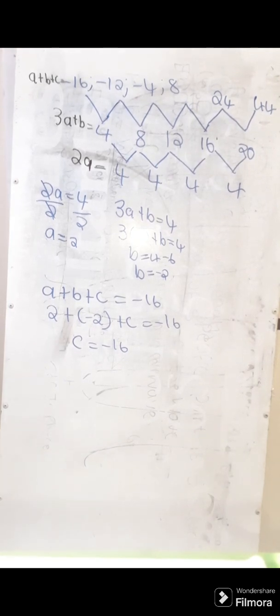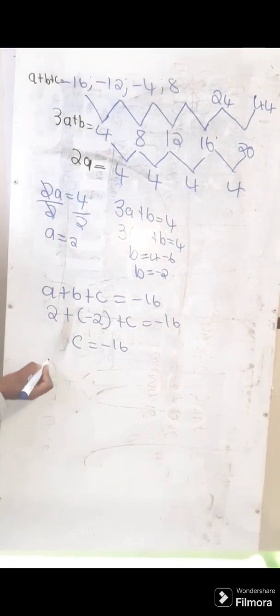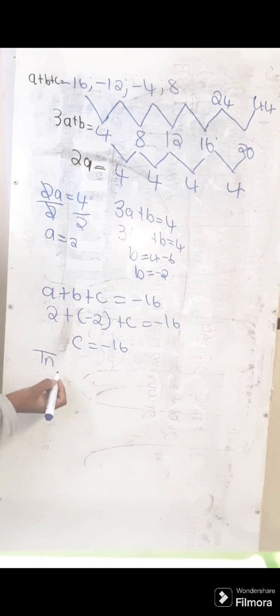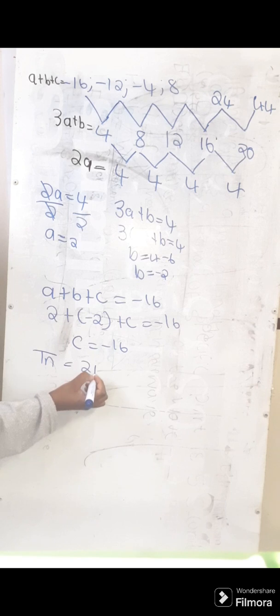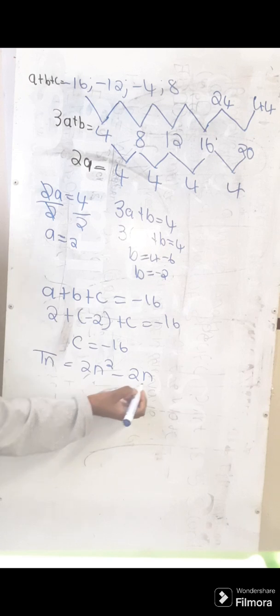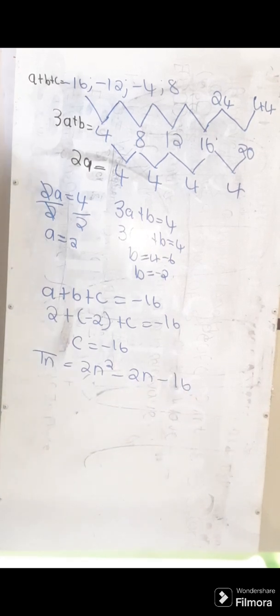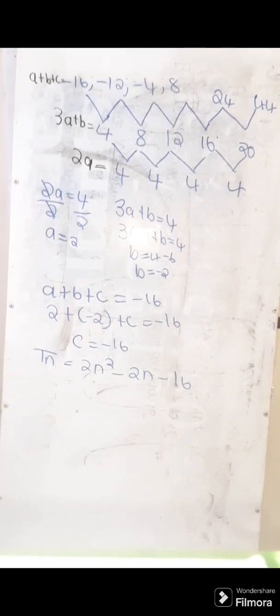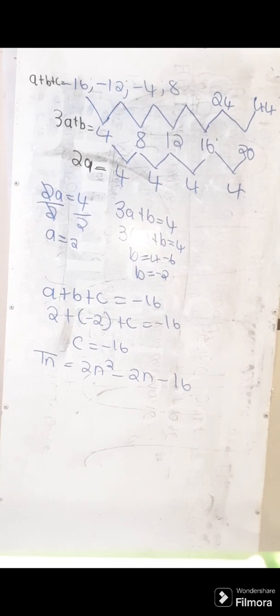You have A, you have B, you have C. Now we can express this the way it was required in the question. So we will say Tn equals 2n squared minus 2n minus 16. And we have done 1.2. We have determined the nth term.